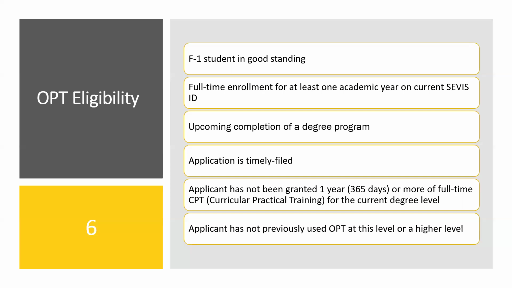So sometimes taking a gap semester or a gap year can impact your ability to do OPT. You also have to be working towards the completion of your degree program. The application must be timely filed, and we'll talk a little bit more about what that means.